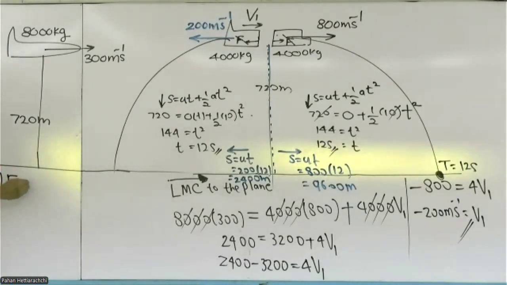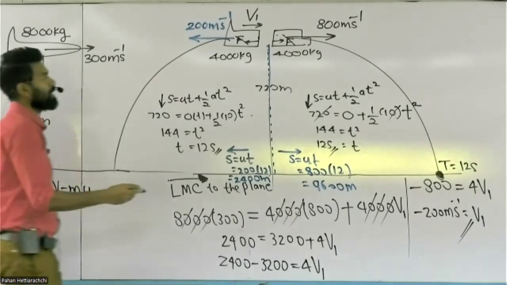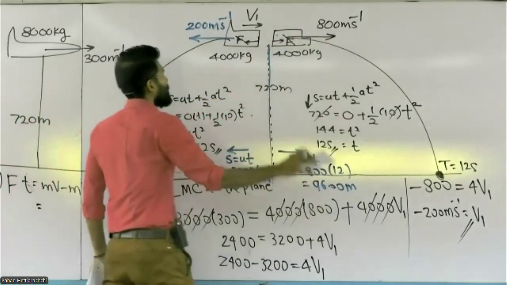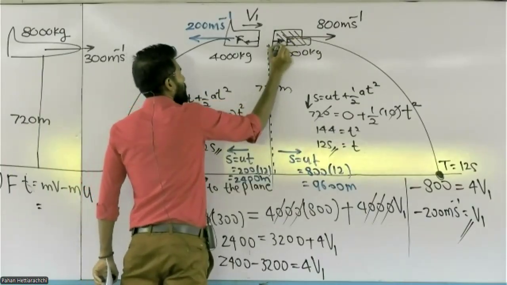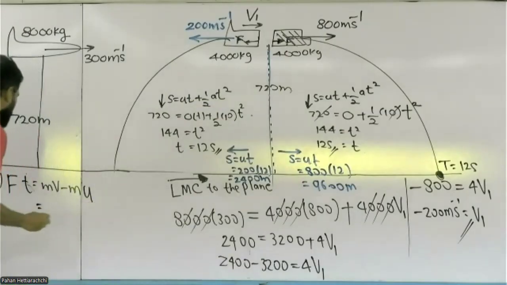Ft equals mv minus mu. You are applying Ft equals mv minus mu to the nose. The force acting on the nose is F.